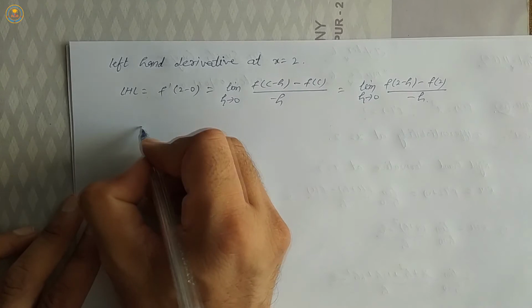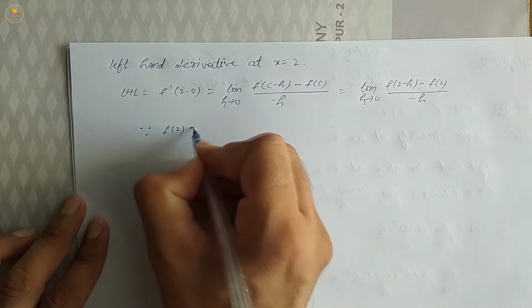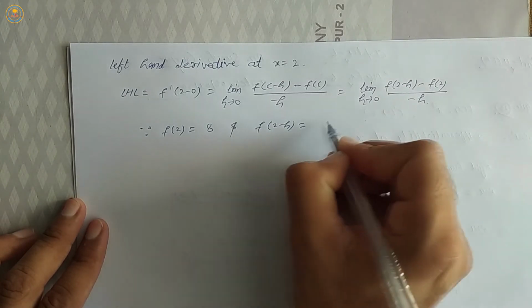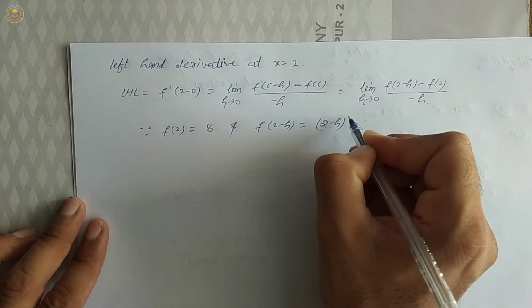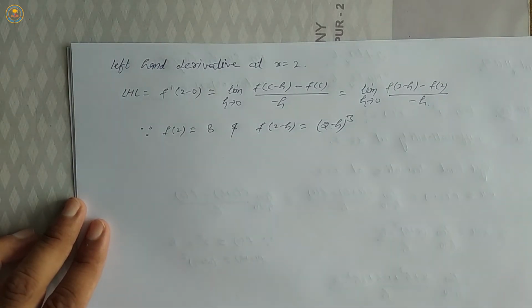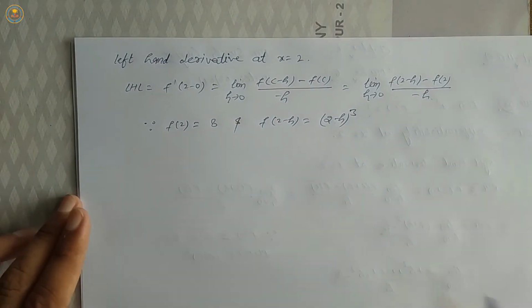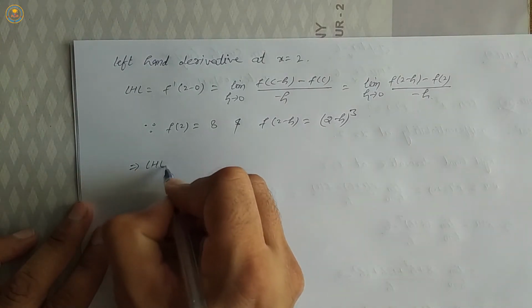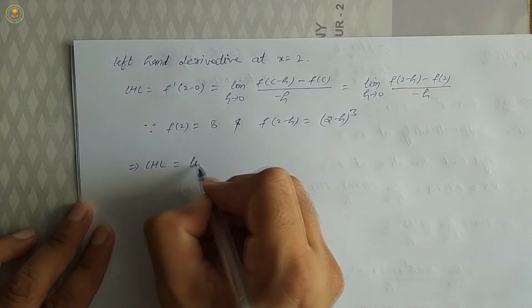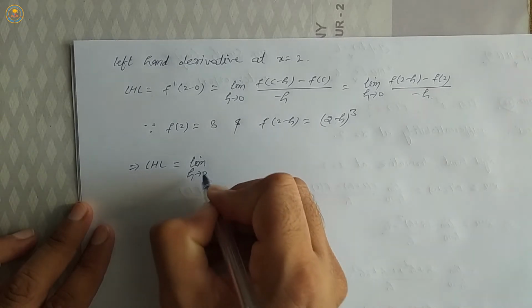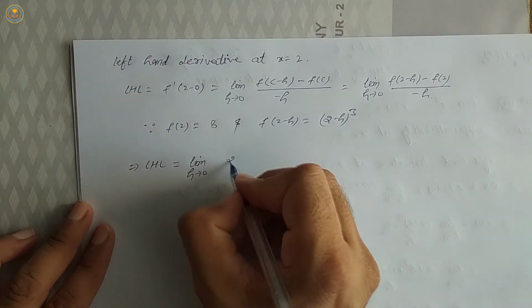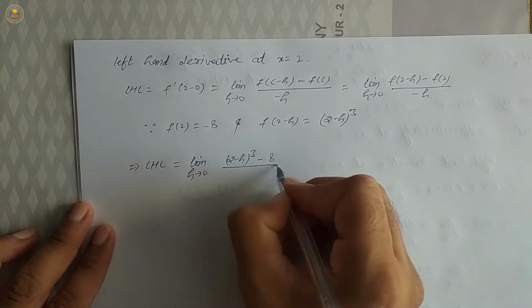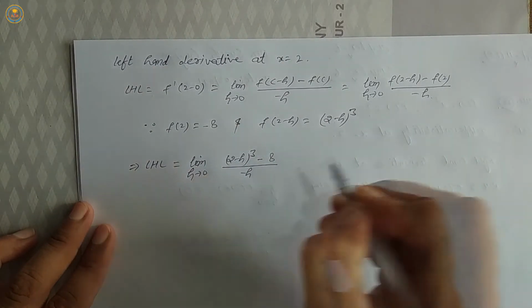Because f(2) is equal to 8 and f(2 minus h) is equal to 2 minus h power of 3. Implies LHL is equal to limit h tends to 0 f(2 minus h) is equal to 2 minus h power of 3 minus f(2) is equal to 8 by minus h.